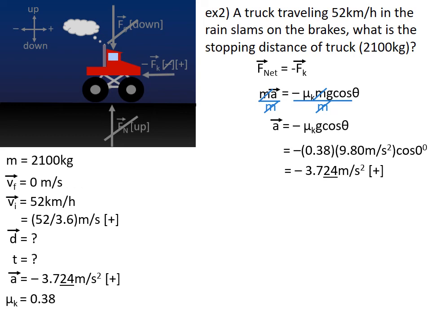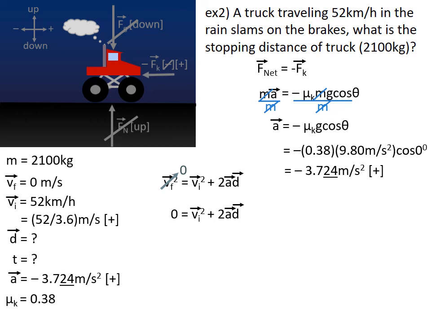I'm looking for d. Again, there's probably more than one way that this could be calculated. I'm going to use VF squared equals VI squared plus 2ad. And since VF is equal to 0, 0 squared is 0, so 0 equals VI squared plus 2ad. I want to get d by itself.